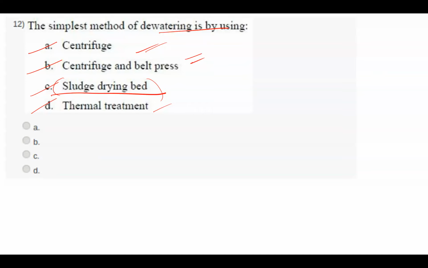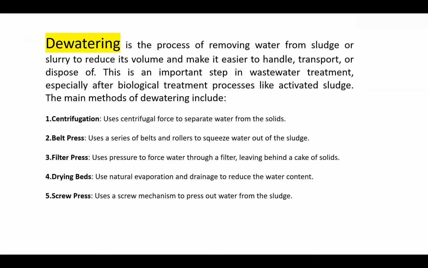Got it? So dewatering is the process of removing water from the sludge or slurry to reduce its volume and make it easier to handle, transport, or dispose of. I have given different methods of dewatering: centrifugation, belt press, filter press, drying bed, screw press.